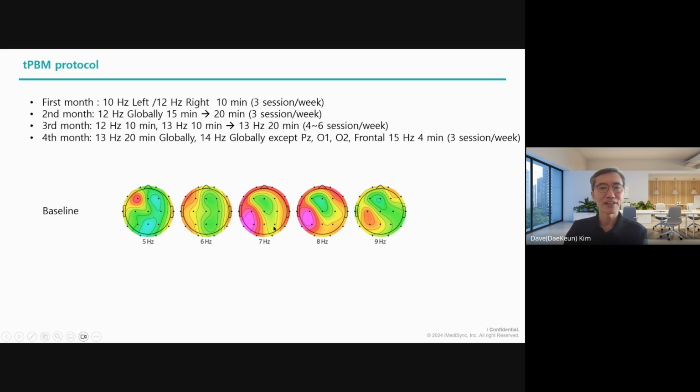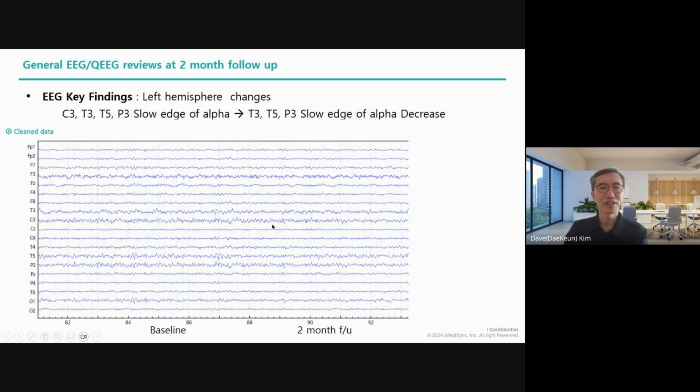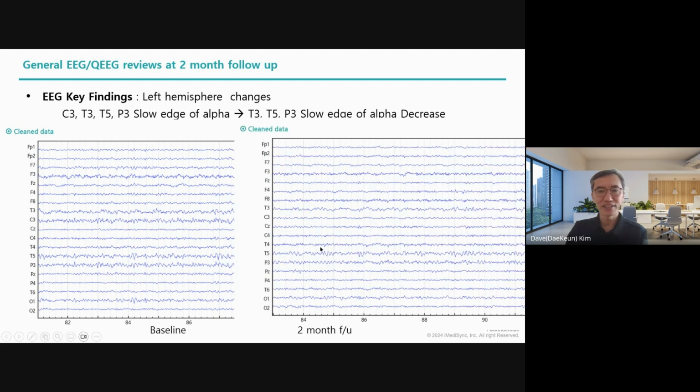This is the baseline, and in the 2 months follow-up data we can still see T3 and C3, T5 and P3. This is the baseline activity, and this is the 2 months follow-up. We can see the F3 slow wave is a little bit decreased, and T3 is also a little bit decreased.